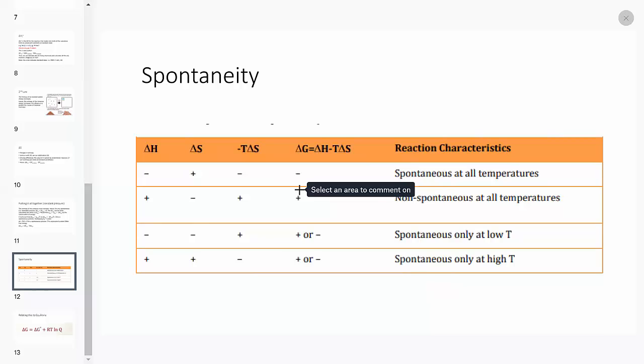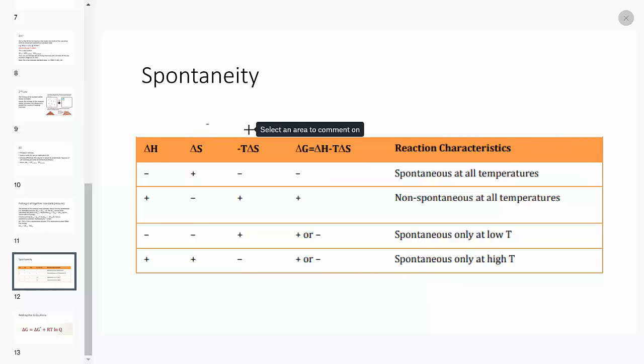If delta G is positive, then the process is non-spontaneous. And you might notice that if we have a negative delta H and a positive delta S, then we have a reaction that will always be spontaneous. So favorable reactions will usually have a negative value of delta H and a positive value of delta S.